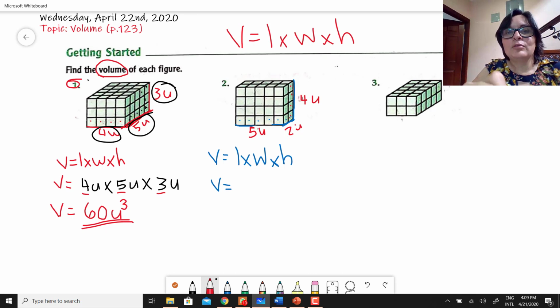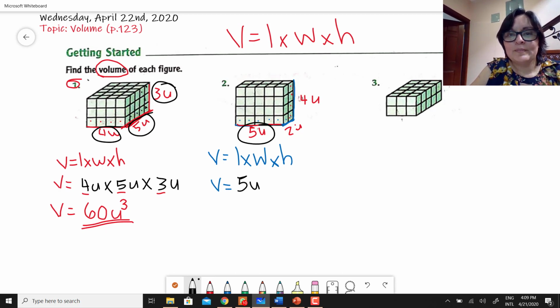So we already know that this is the length. So how many do we have in the length? 5 units times, who is width? This one here, 2 units times, who is height? This here, 4 units.